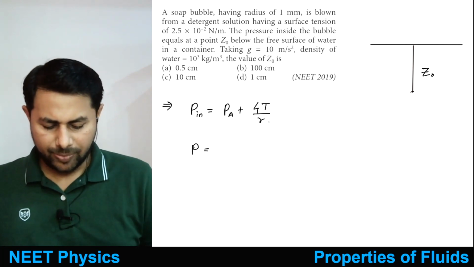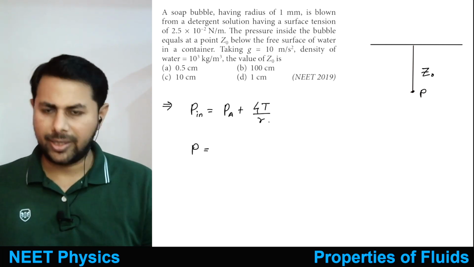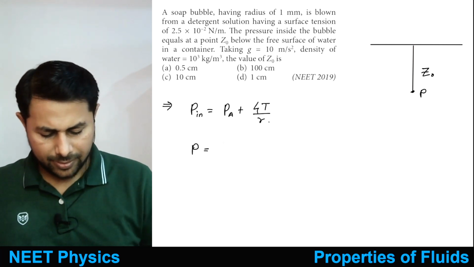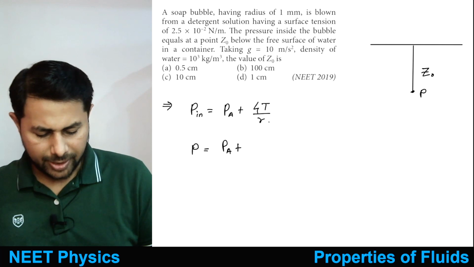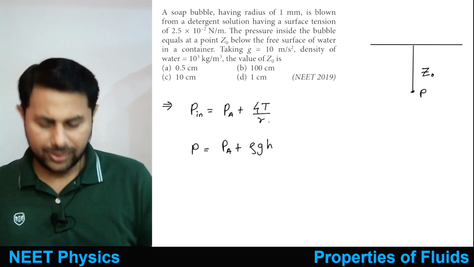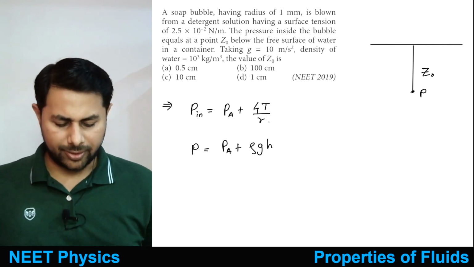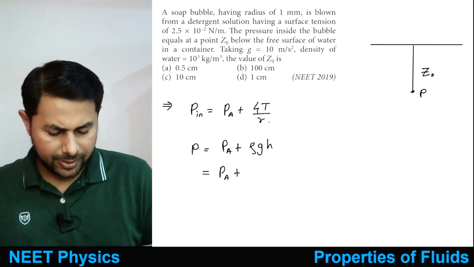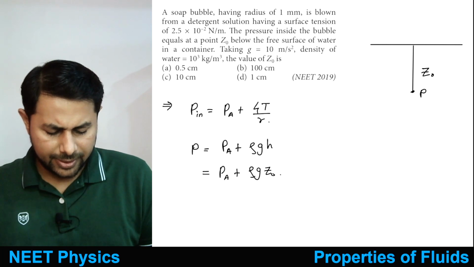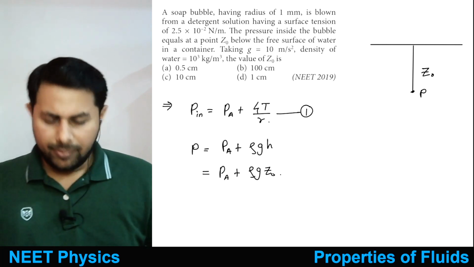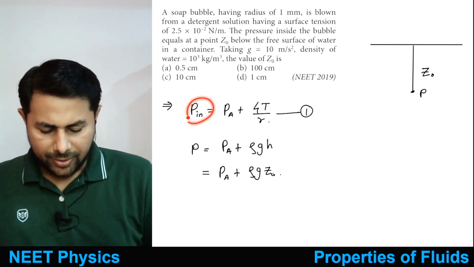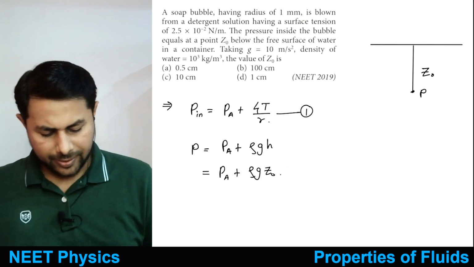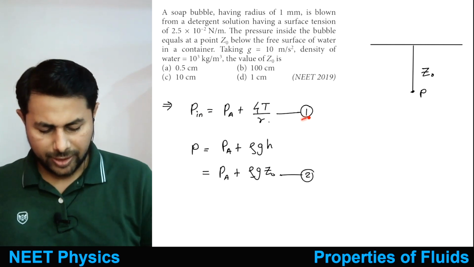So pressure here at point P is equal to atmospheric pressure plus rho g h, and h is equal to Z naught. Okay, Pa plus rho g Z naught. So this is pressure inside of a bubble, this is pressure at this point P, right? So this is 1, this is 2.